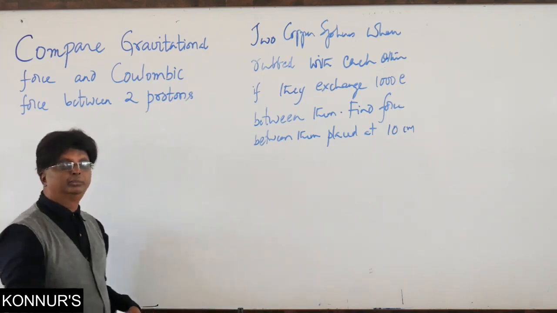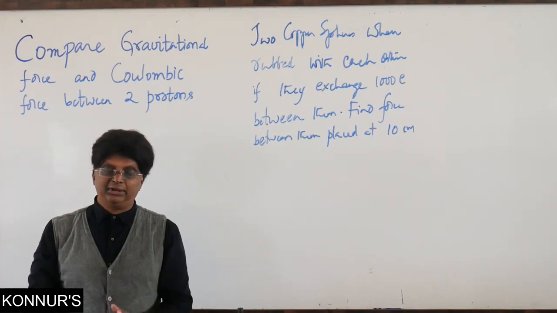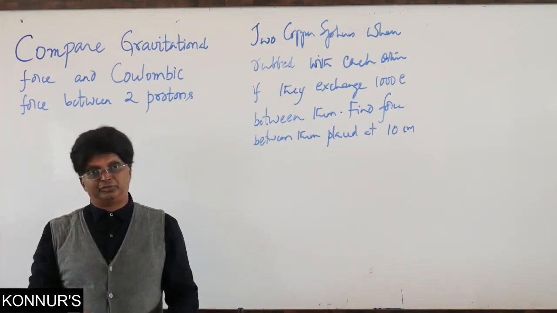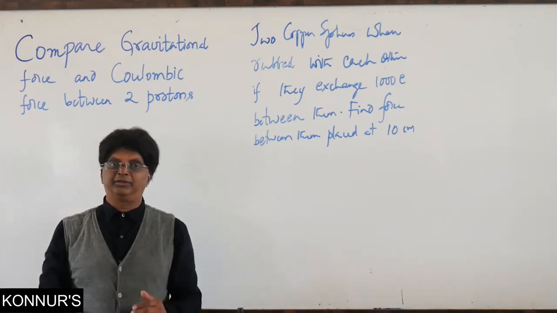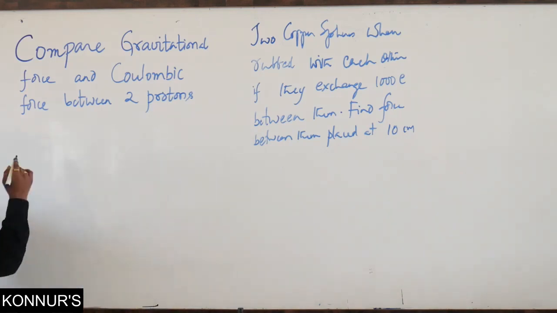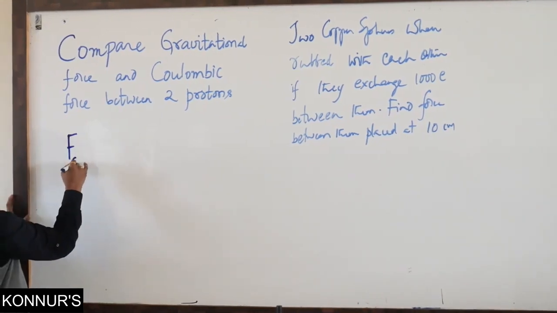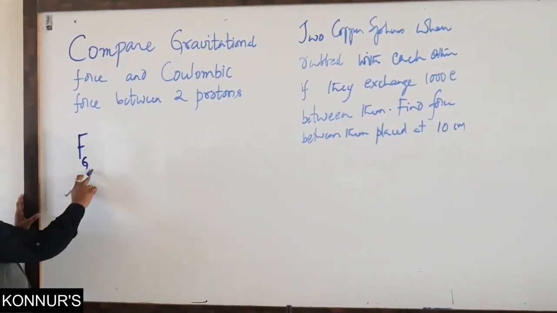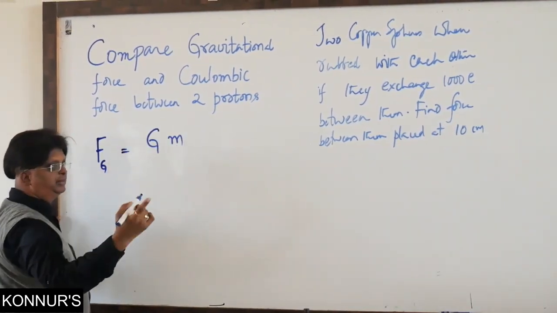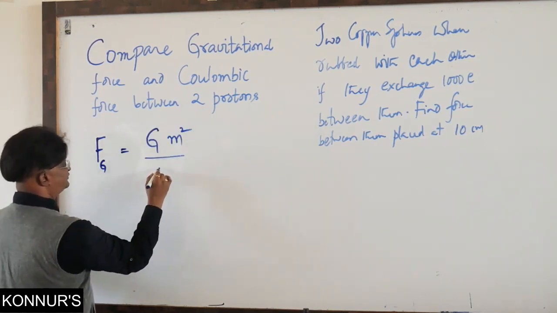Now we know that both gravitational force and Coulombic force are inverse square forces. Gravitational force is mass dependent and always attractive. Coulombic force is charge dependent, and it can be either attractive or repulsive depending upon the nature of the charges. Here, for two protons, the gravitational force is always attractive. Now I am writing the gravitational force Fg, the famous expression G m1 m2. Mass of each proton is m, therefore I write it as G m squared by r squared, where r is the distance between them.